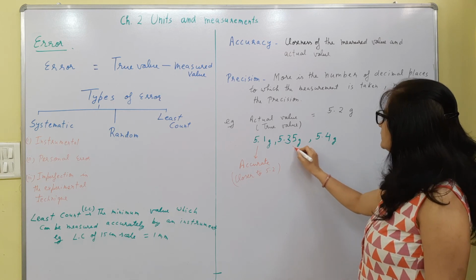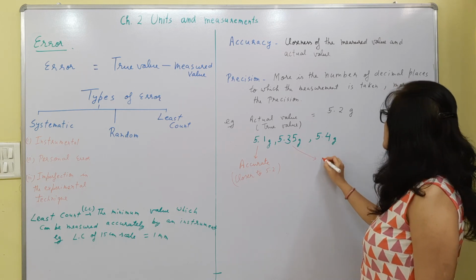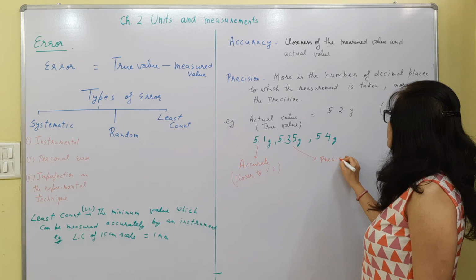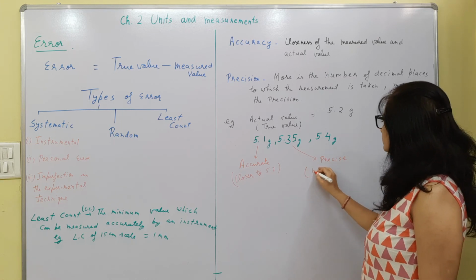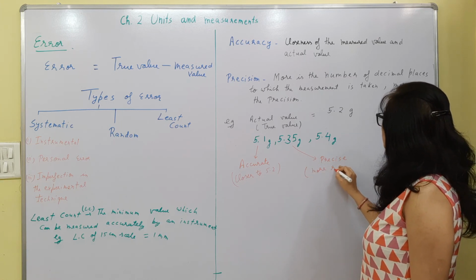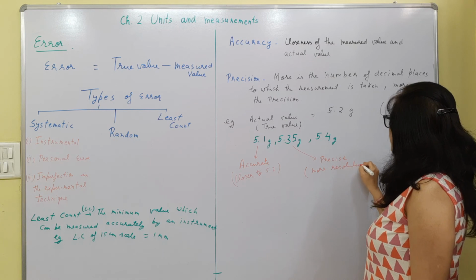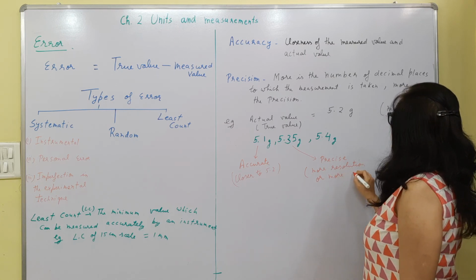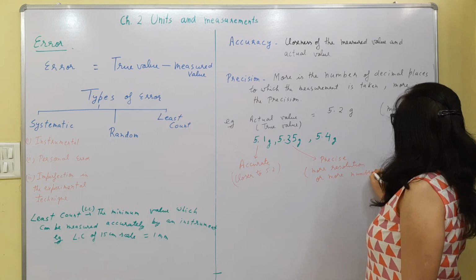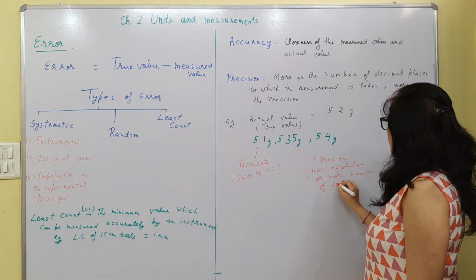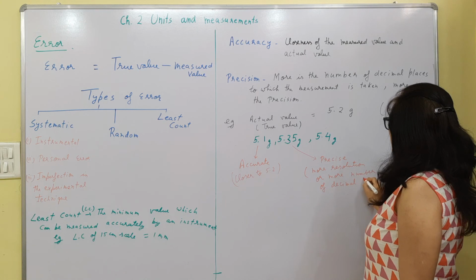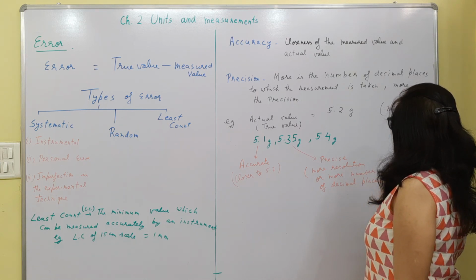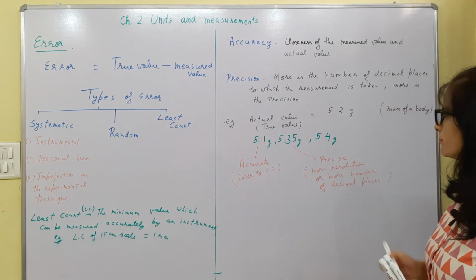And the more the decimal places, the more is the precision. This is also called more resolution, or more number of decimal places, right? So this is called more precise.